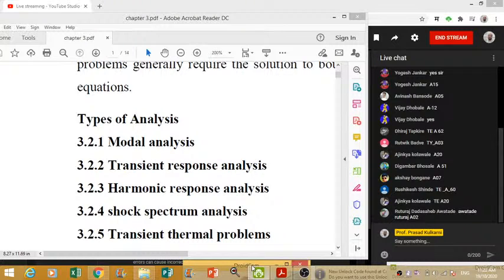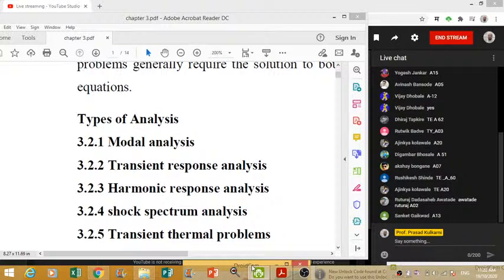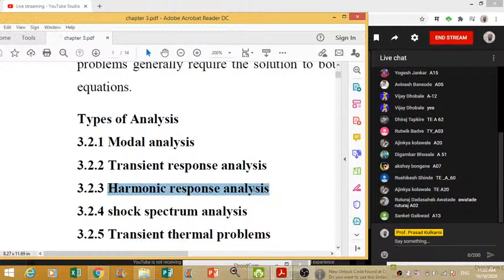Now we will move ahead with the types of analysis. In finite element analysis, there are three types of basic dynamic analysis. First one is modal analysis, then transient response analysis, and then harmonic response analysis.